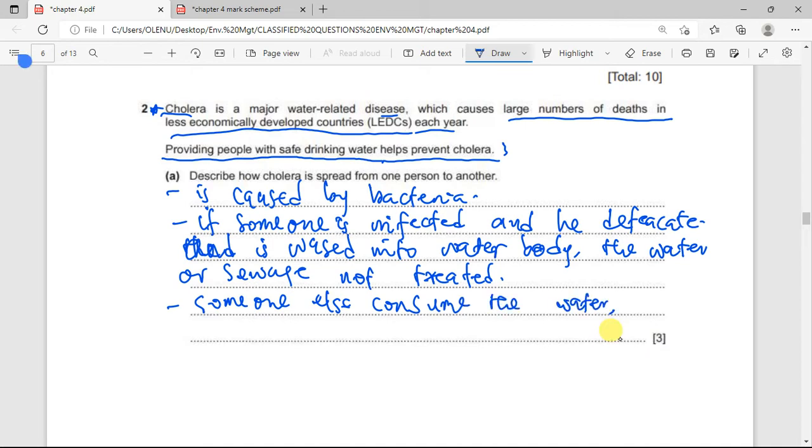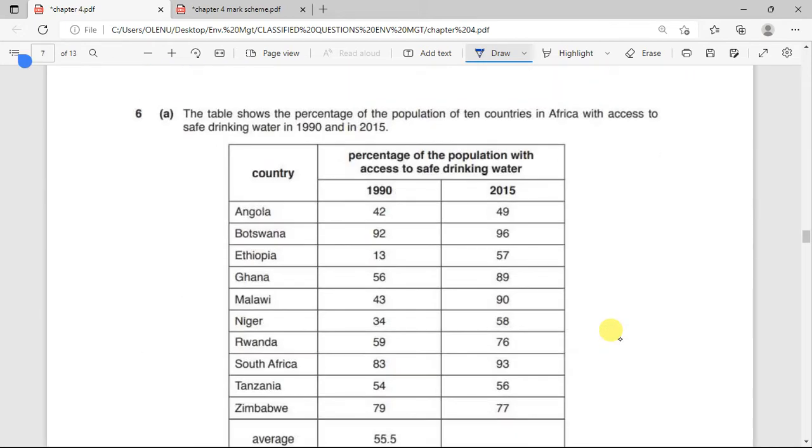So that person becomes infected. That's all.